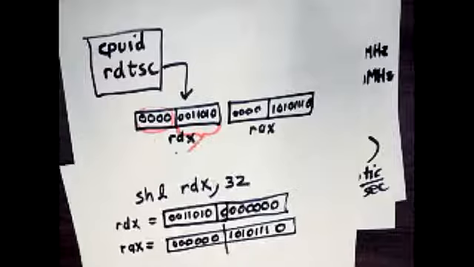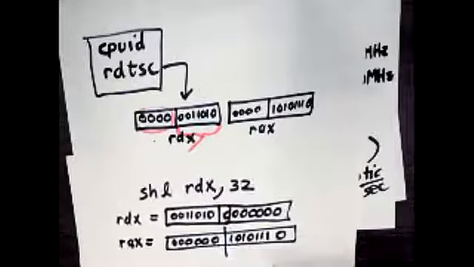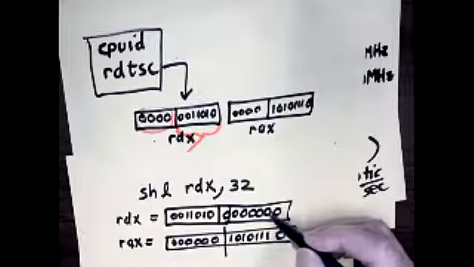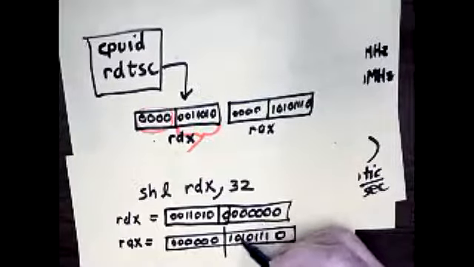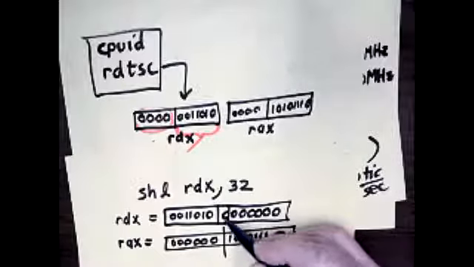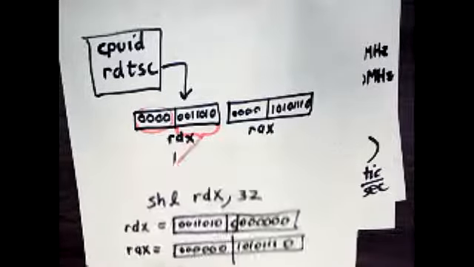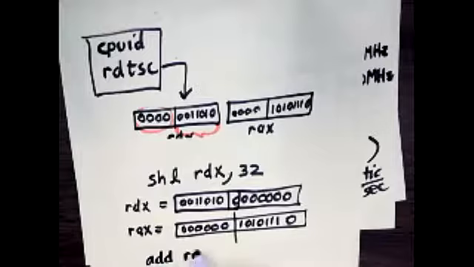Well, look at it. It's really nice because if we add those two, it will start adding over here, but there's no carry bits. 0 and 1 is the same, 0 and 1, 0 and 1, 0 and 0, 0 and 1, 0 and 0, 0, 0, that is, and 1. Nothing overflows. There's no carry bits. It simply combines the two registers. Let's write it out. So here's the next step: add RDX, RAX.